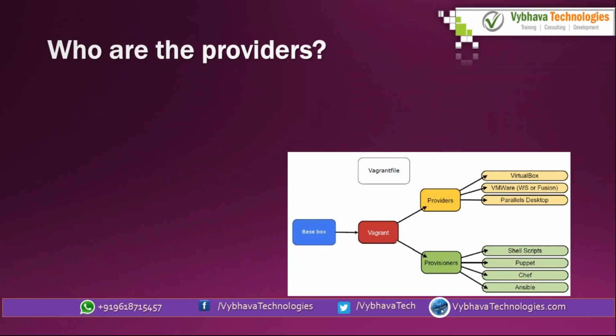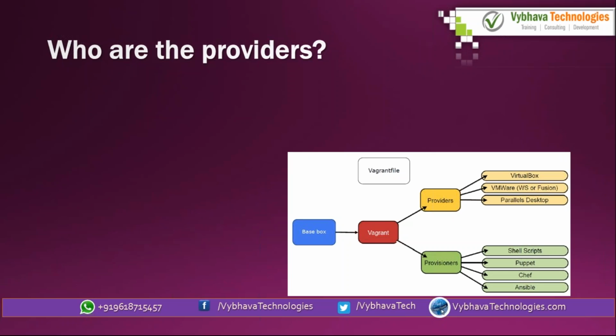So how do the provisioner and the providers work? As I mentioned, when you create the Vagrant and add the box to your machine or laptop, the first time it is going to download the base box from the internet. After that, how many virtual boxes you want to create is your choice, n number of boxes.